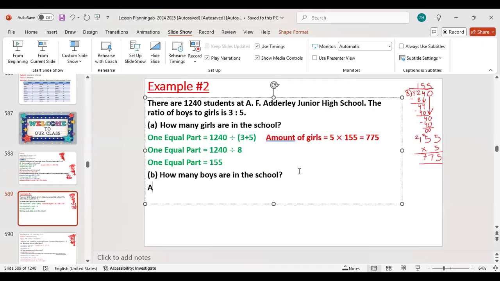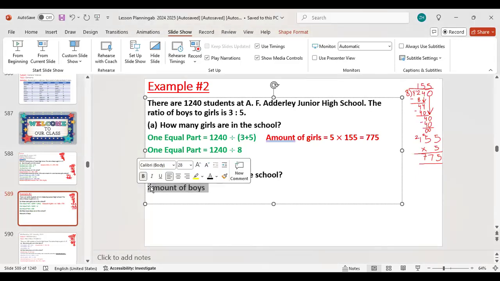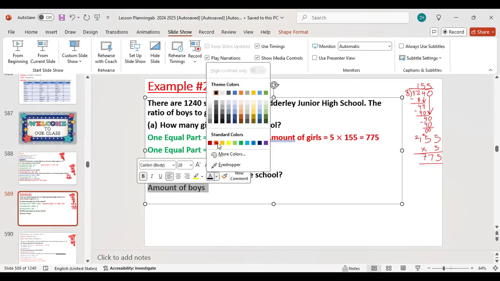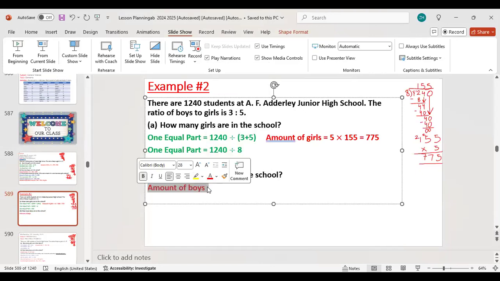So the amount of boys is going to be, Alex, explain how I'm going to get the amount of boys. You would have to multiply 155 by 3.